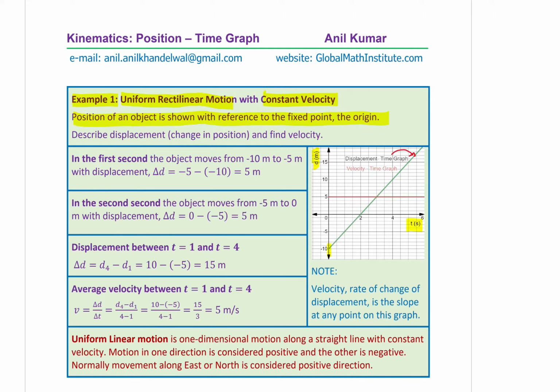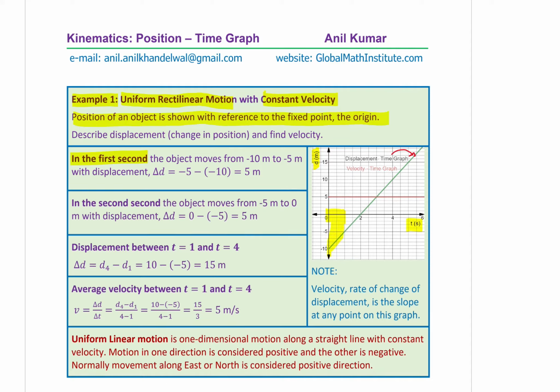Now the question is, describe displacement, which is change in position, and find velocity, right? That's the question. So what we are going to do here is study displacement in smaller units. Let us first consider the first second, from 0 to 1 second. So this portion, let's try to analyze this portion.